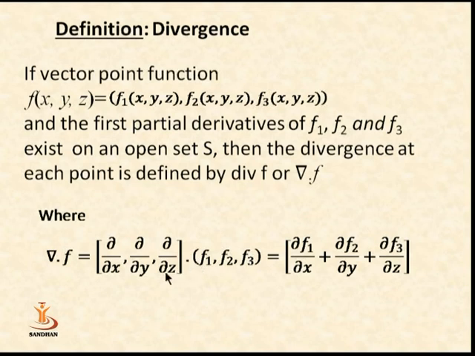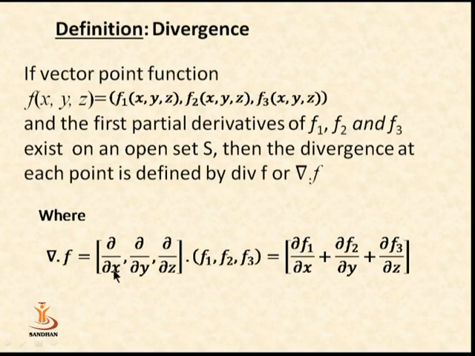We know that when we do the dot product, we first multiply the first component of the first vector with the first component of the second vector, plus the second component of the first vector with the second component of the second vector, plus the third component of the first vector with the third component of the second vector, and we do the addition.